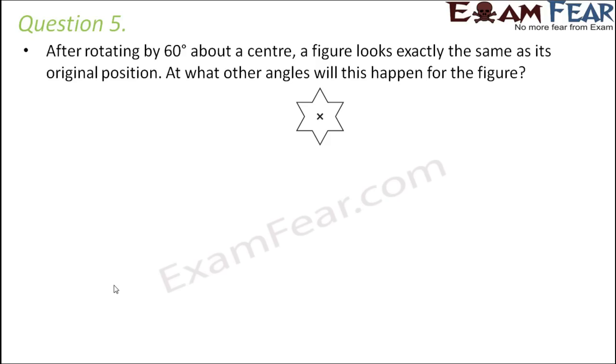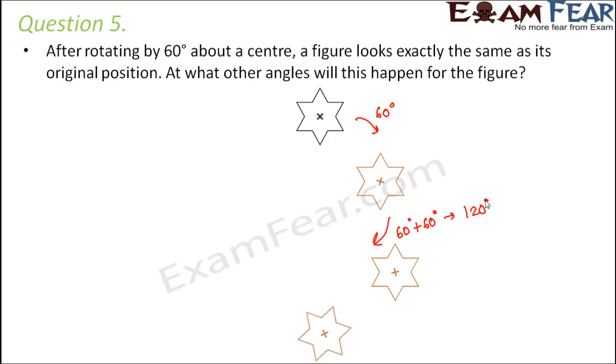When we rotate it by 60 degrees, we reach an image exactly identical to the original. When we further rotate it by another 60 degrees, that is 60 plus 60, that is 120 degrees, again you will see the same image.